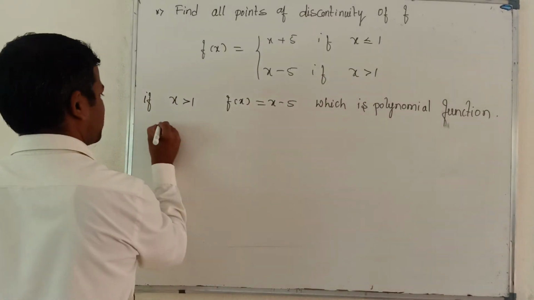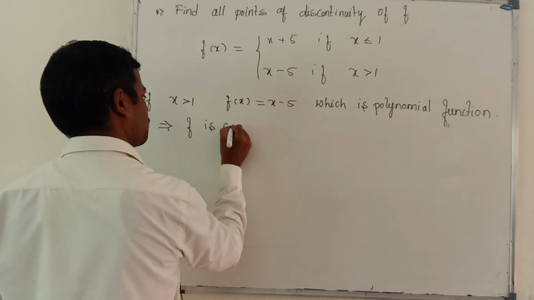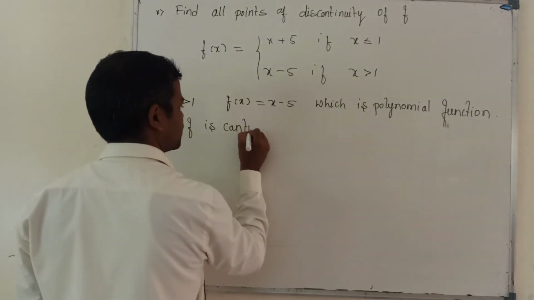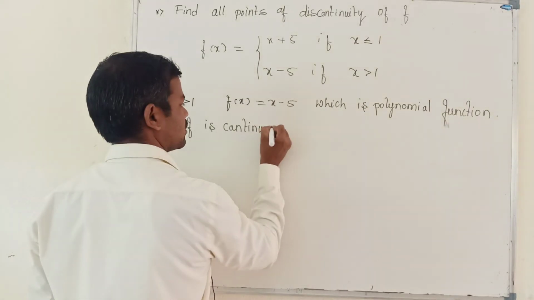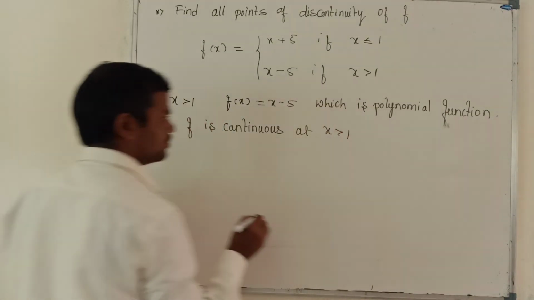Polynomial function implies that f is continuous. We know that every polynomial function is continuous, so f is continuous at x greater than 1.